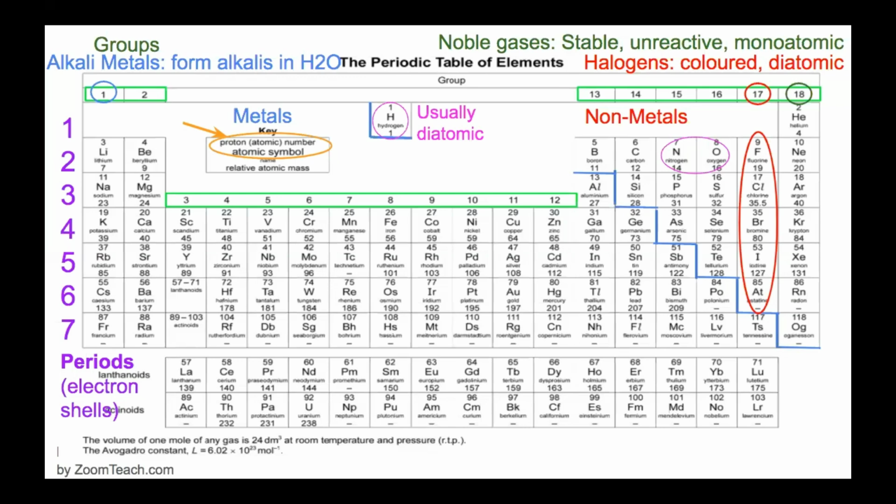So for example, if I'm an aluminum atom, I would have right at the top here 13 protons. But if for some reason I have increased my proton number from 13 to 14, I will no longer be an aluminum element. I would actually become a silicon element, which has 14 protons.